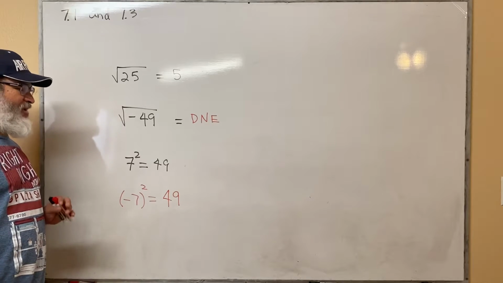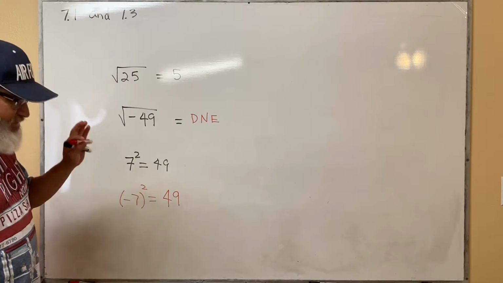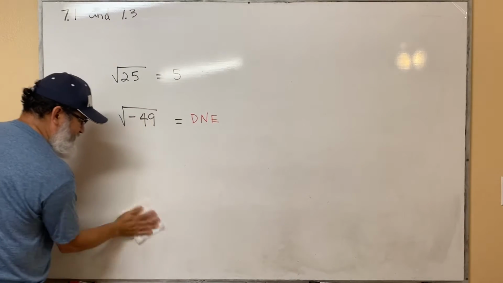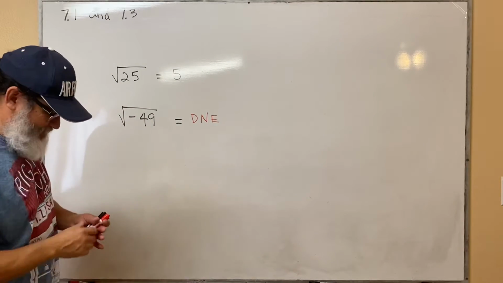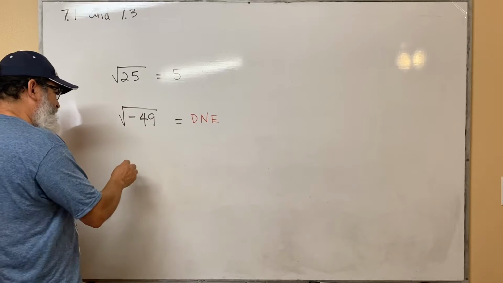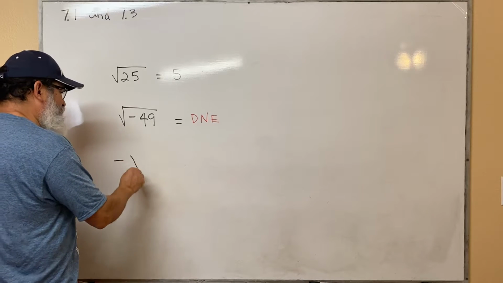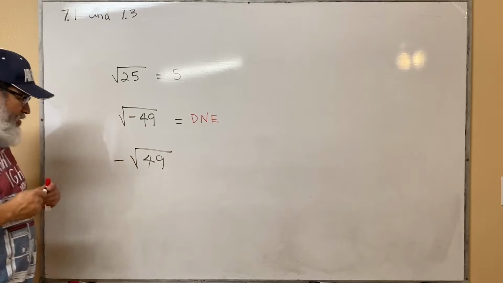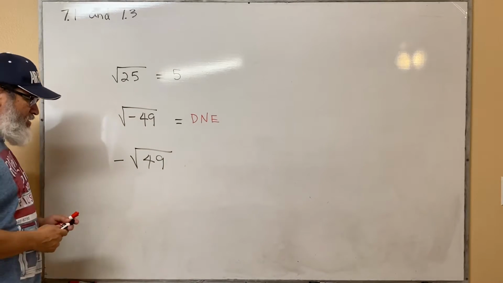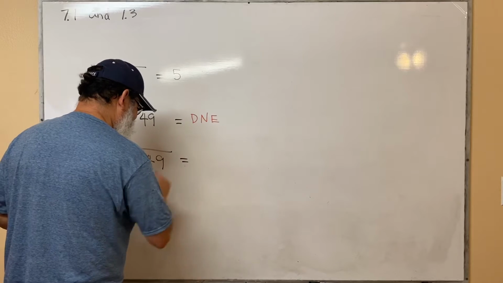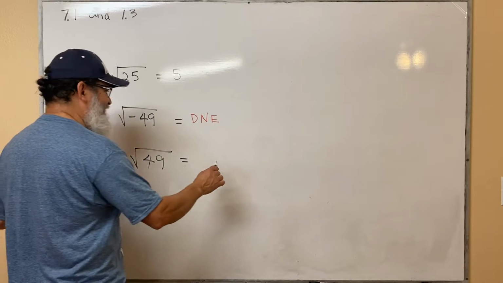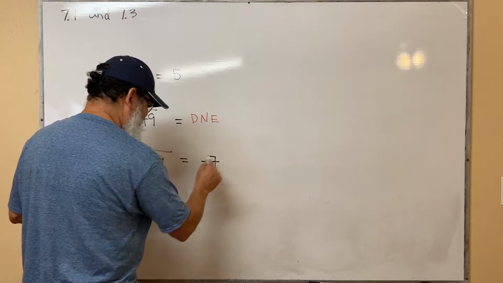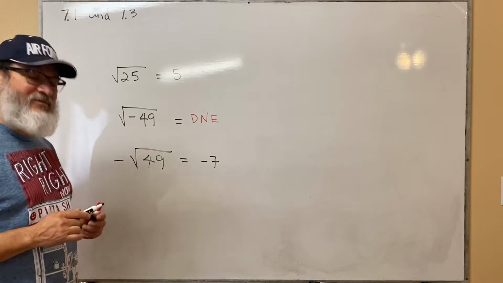Okay. Well, let's ask the following. What is the negative square root of 49? Okay, wait a minute. If you say negative 7, the answer is correct.